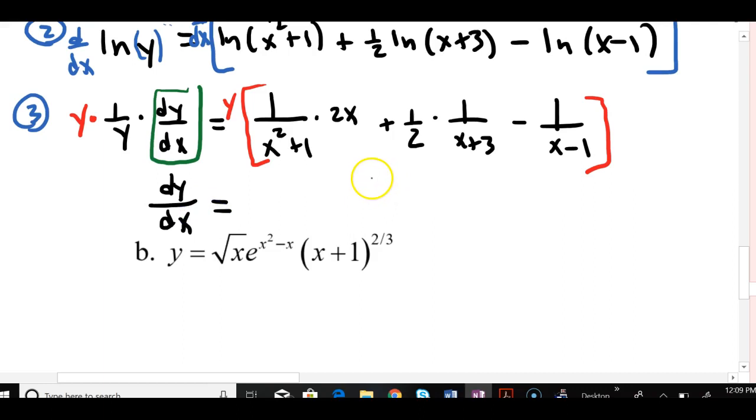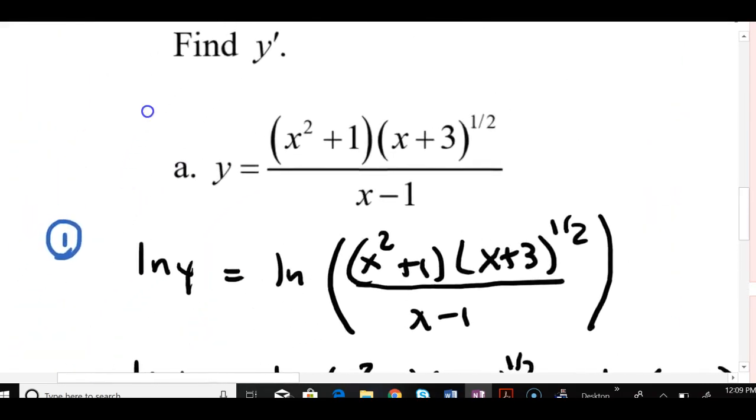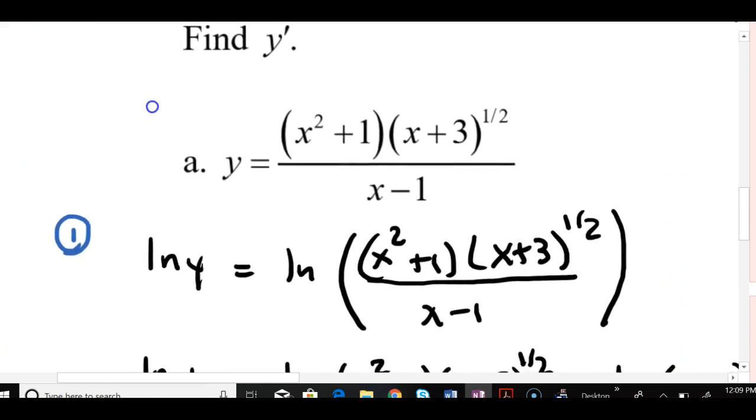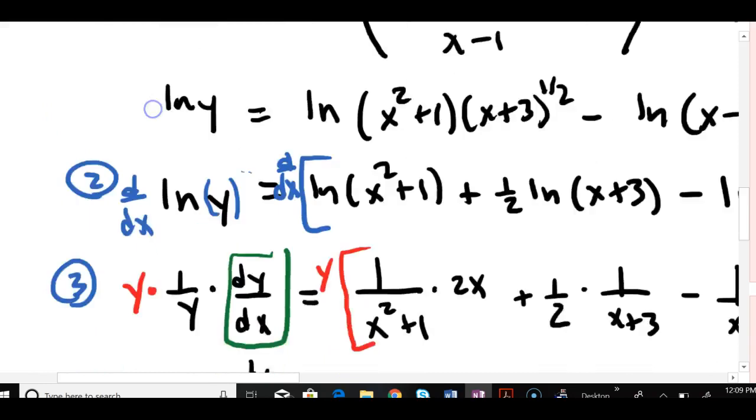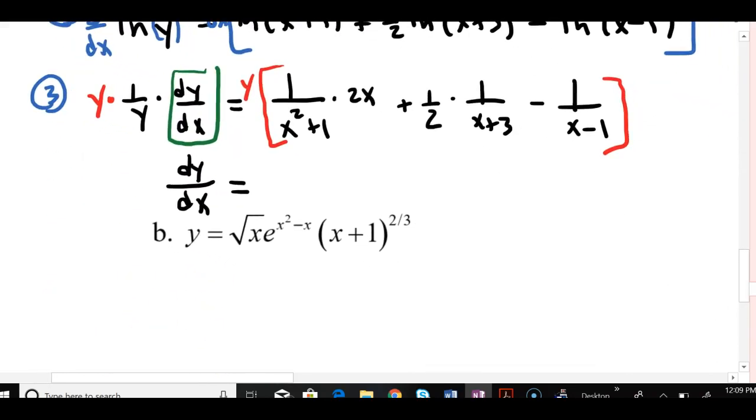On the right side, y is what? The original was y in terms of x, right? So we need the derivative to be y in terms of x only. So this y, what is it equal to? That one. So that y on that side, we need to replace it with that. So our final answer, dy/dx. I forget what it was.